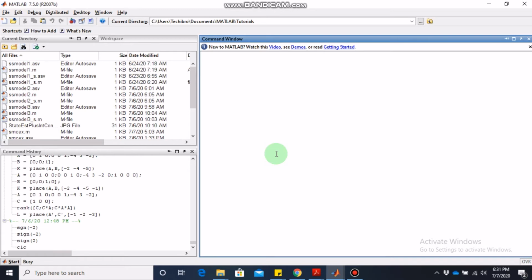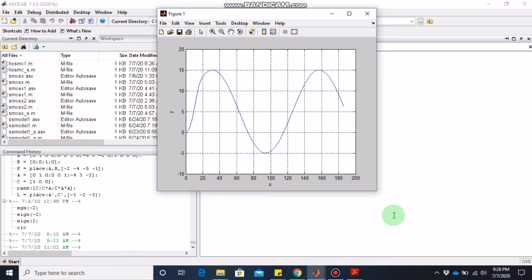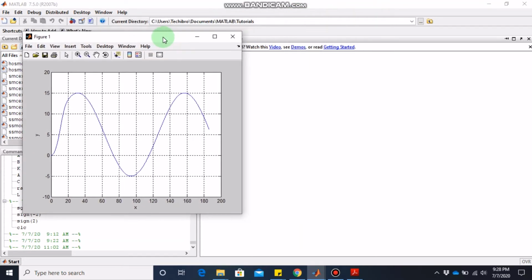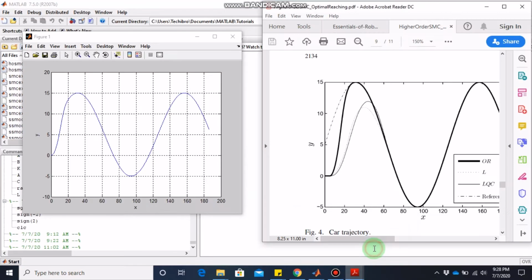Alright, so finally the results have arrived, and this is the result of our simulations. Now let us compare these results that we have obtained with the results in the paper. These are the results in the paper.